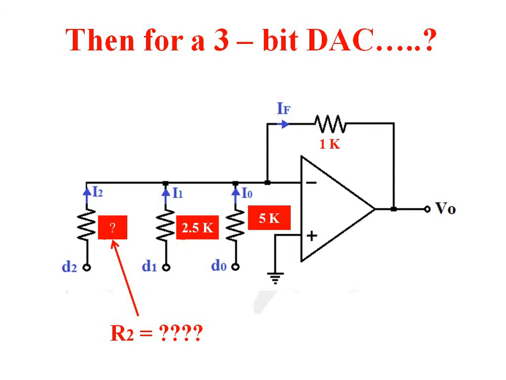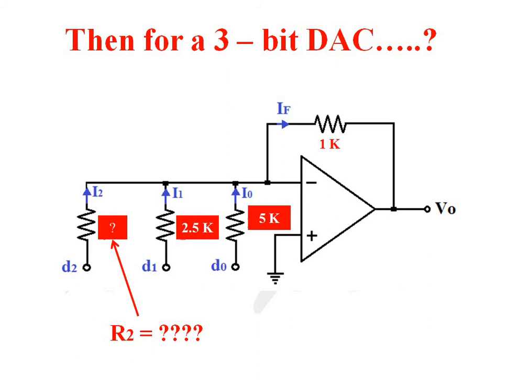So the value of first resistance is equal to 5 kilo ohms. Value of second resistance is equal to 2.5 kilo ohms. And here this is a binary weighted resistor network. So value of Rn is equal to binary weighted value of the previous resistance, half of the previous resistance.